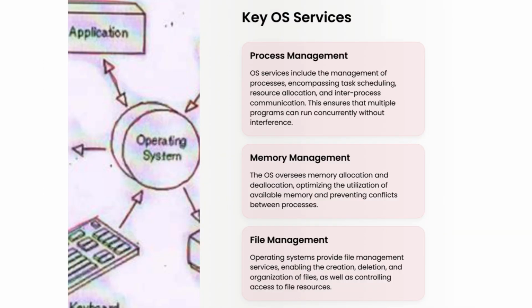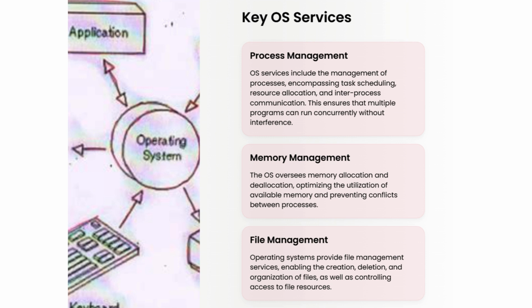Operating systems provide several essential services. Firstly, they manage the processes running on a computer, making sure that multiple applications can operate simultaneously without interfering with each other. This involves scheduling tasks, allocating resources, and facilitating communication between processes.